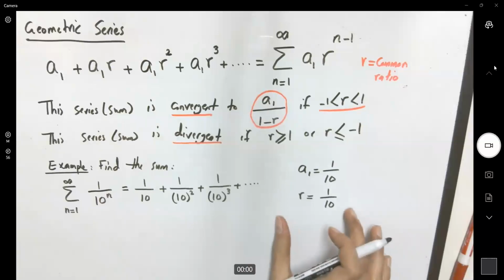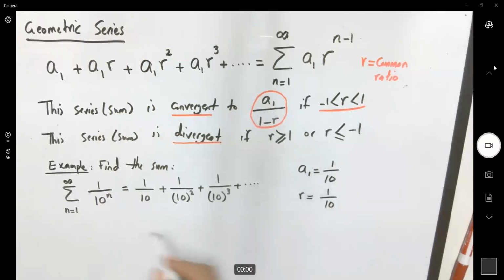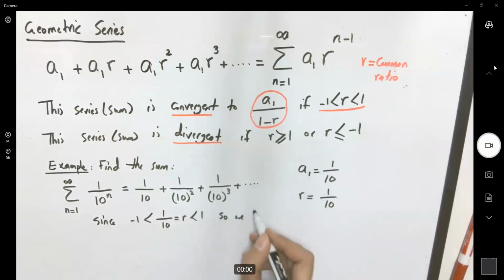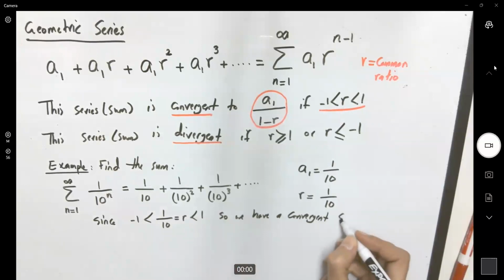So is 1 over 10 a number between -1 and 1? Since 1/10, or R, is in between -1 and 1, we have a convergent series.